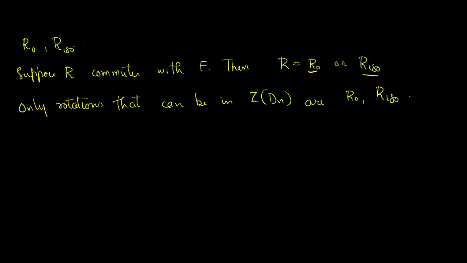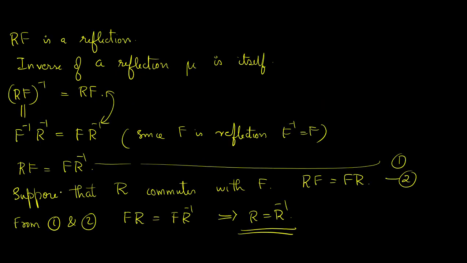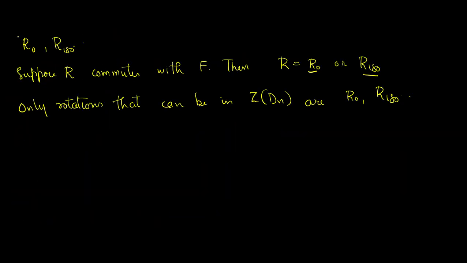Now what about reflections? Can a reflection be in the center of Dn? The answer is no, right? Because here we supposed that if R is commuting with F, then it will impose that R must be equal to R inverse. That is, R must be one of them.